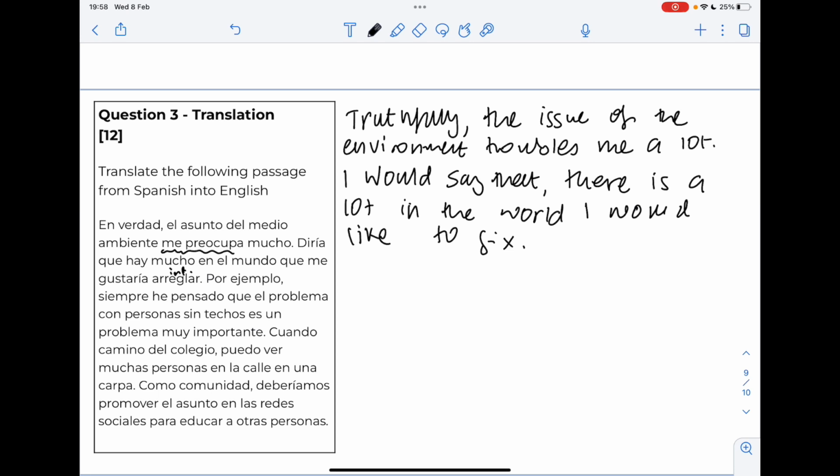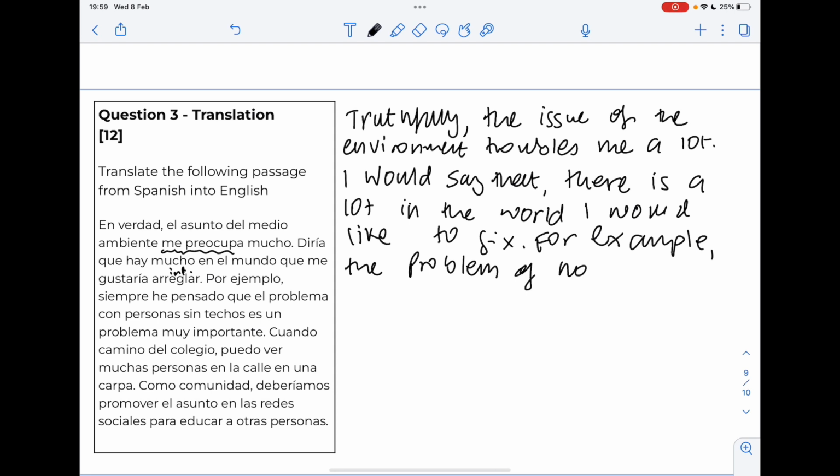Por ejemplo, this easy one, this is a cognate. For example, siempre he pensado que el problema con personas sin techos, so the problem of homeless people. Homeless people is an important problem.